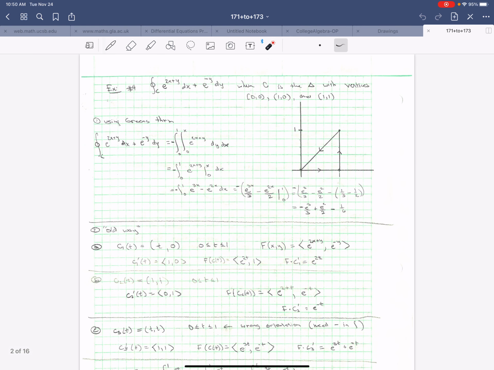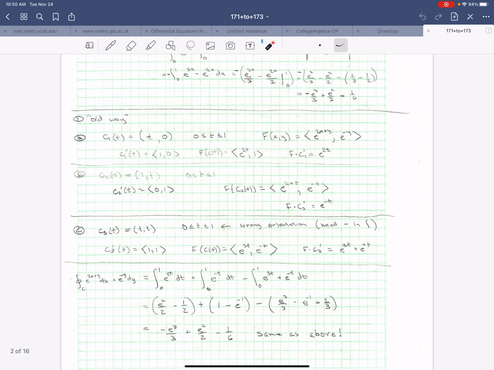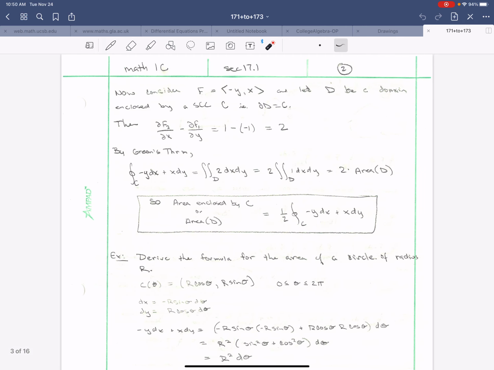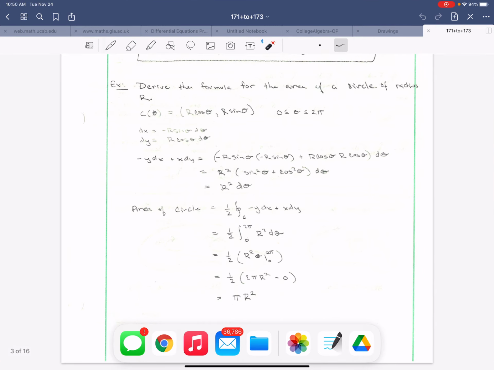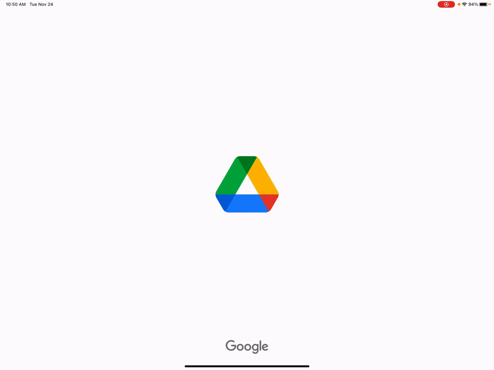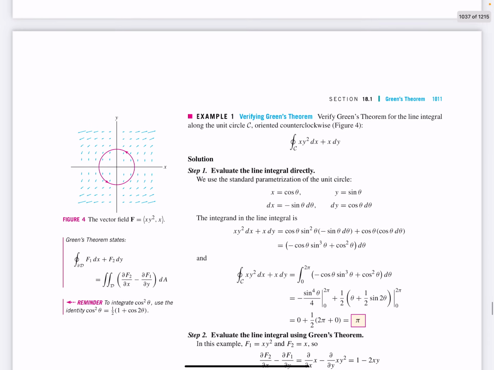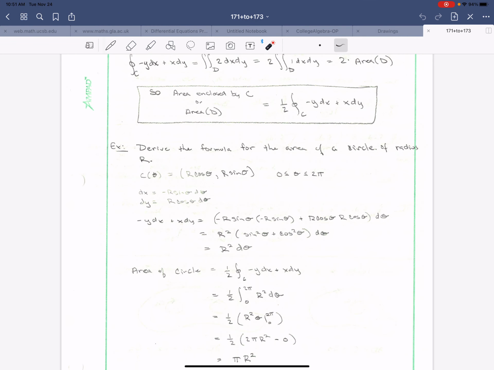And then here is a very easy application using Green's theorem, and here is what I call the old way, the way that we were originally taught to do it, and then it goes through some other neat things. When we go through that, I do have the book with a proof and all sorts of things like that in there. So we will go through that as well.